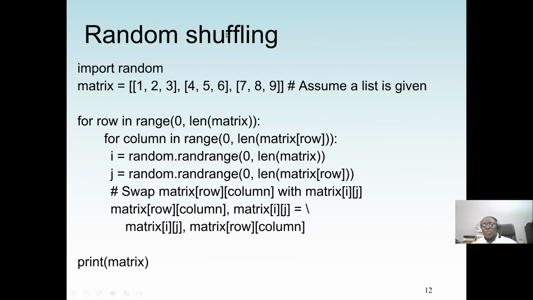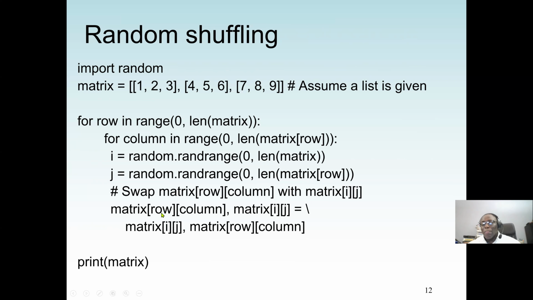And also, we can do random shuffling, using again the concept of the random class. So we have elements already, 3 by 3, in the matrix, and we want to shuffle it. So we need our row for loop to go through the rows, and the second for loop to go through the columns. So for the first item, random.randint from 0 to the maximum length, we assign to i. Then random.randint from 0 to the length of the matrix row, we assign it to j.